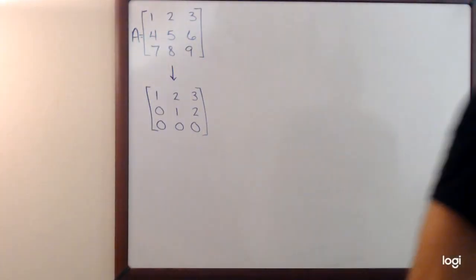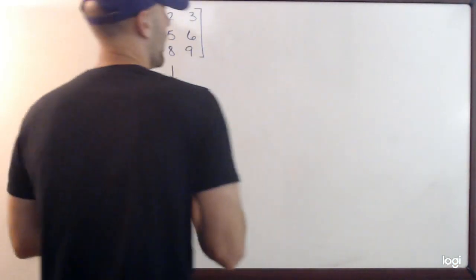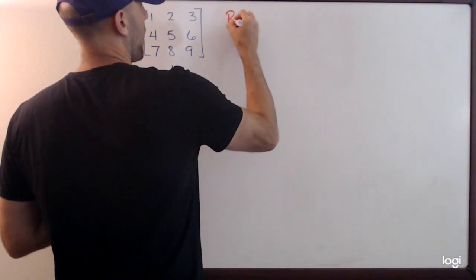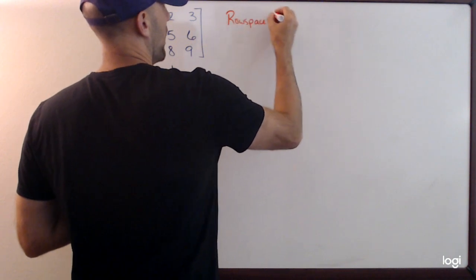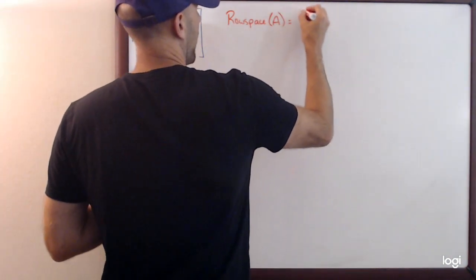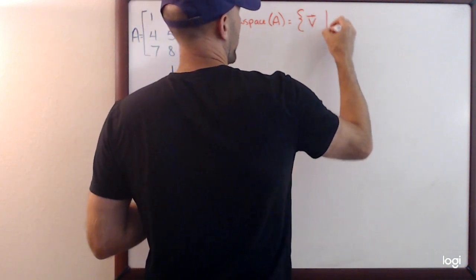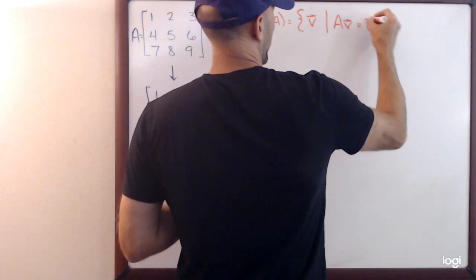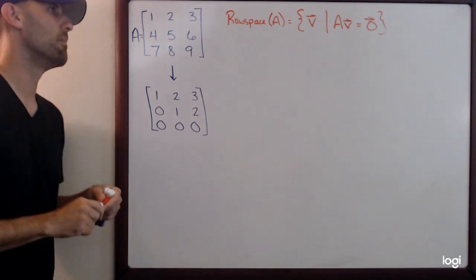Okay. All right. So the null space, I'm just going to give you the definition and then explain it. The null space of any matrix A is the collection of all vectors such that A times that vector is equal to the 0 vector. Okay.